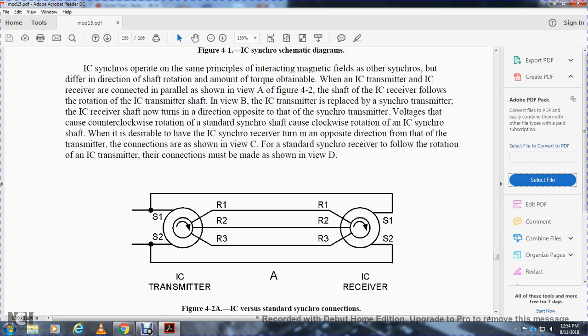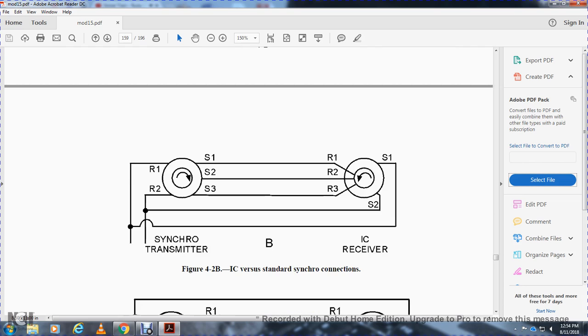Stator 1 and stator 2, rotor 1, 2, 3. Intercommunication transmitter, intercommunication receiver. Figure 4.2b, intercommunication versus standard synchro connections. Synchro transmitter, stator 1, 2, 3 to the rotor 1, 2, and 3.